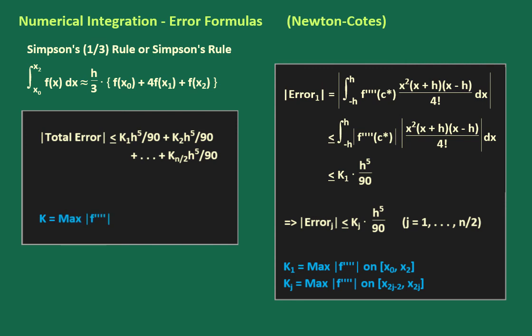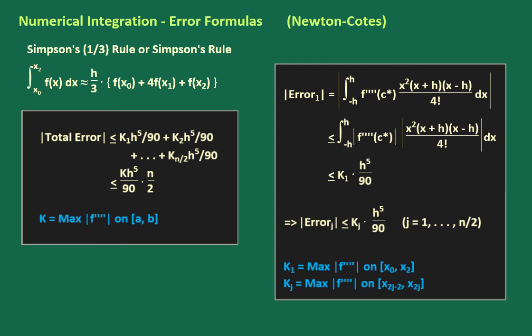Choosing capital K to be the maximum of all the absolute values of f quadruple prime on the interval from a to b, each of these k sub j's will be less than or equal to capital K. And so the absolute value of the total error will be less than or equal to capital K times h to the fifth over 90 times n over 2.